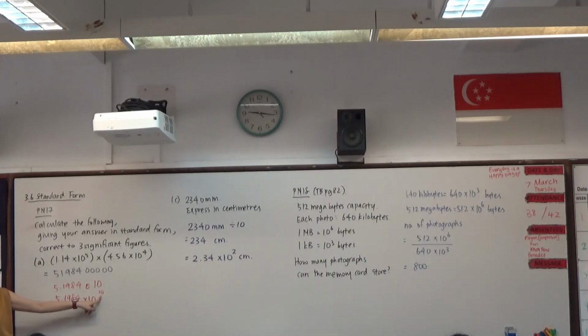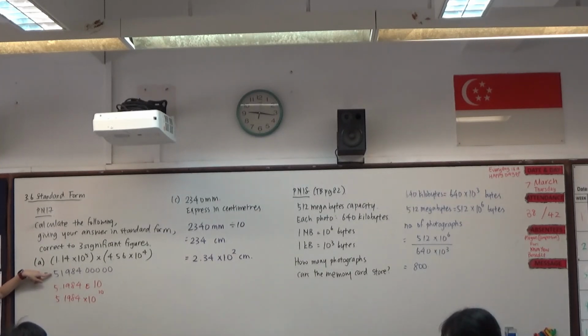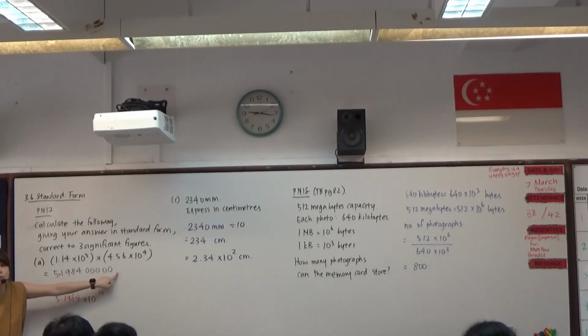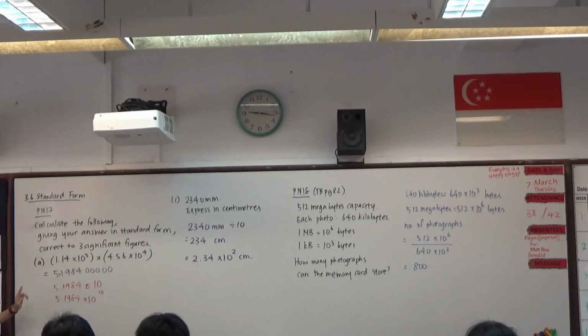That's how we understand it, and they are equal. So if I were to convert this whole number, which most of you managed to get with your calculator, into standard form, it will be 5.1984 times 10 to the power of 10, because from this decimal place here, moving to where it originally is, there will be 10 places.